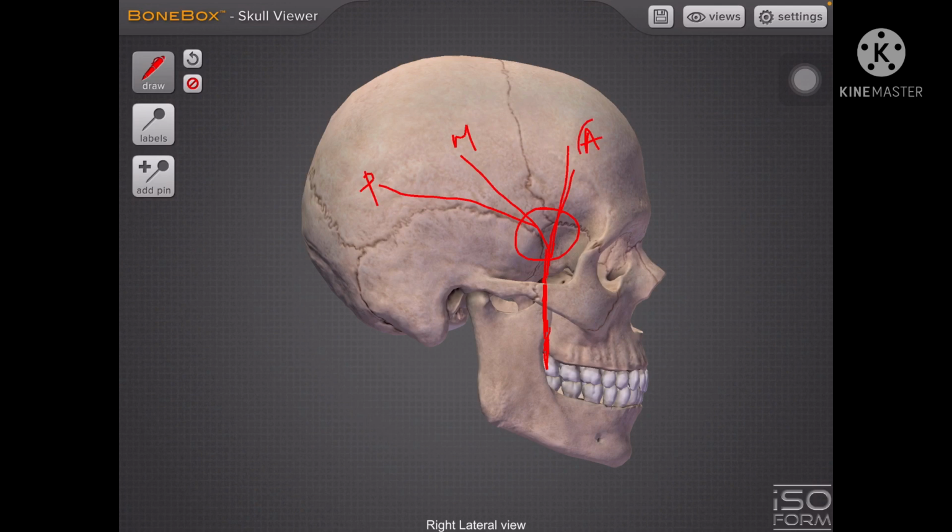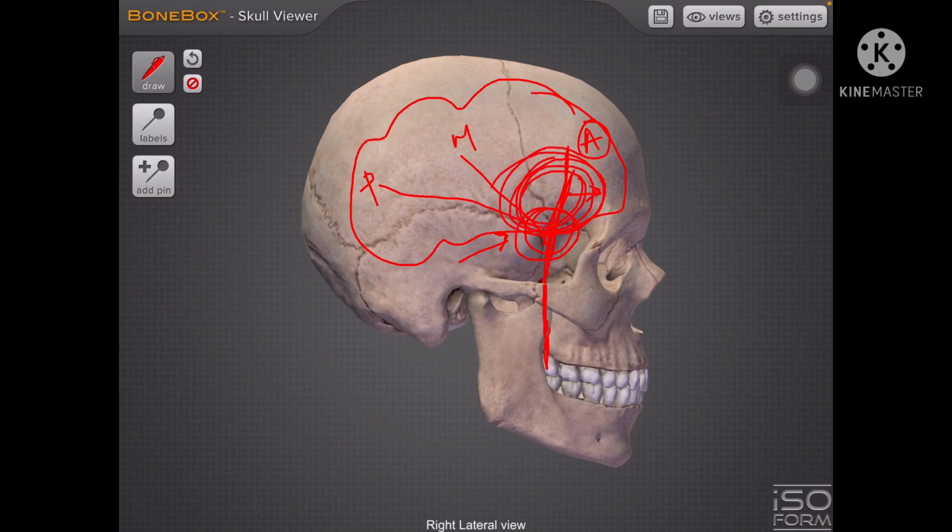When there is trauma at this site, the temporal bone will compress the anterior part of the middle meningeal artery. Whenever this compression occurs, on the inner side we have the brain, so that is the cerebral region. Whenever this compression occurs or there is extravasation of blood from this middle meningeal artery, you can see extradural hemorrhage in this region.